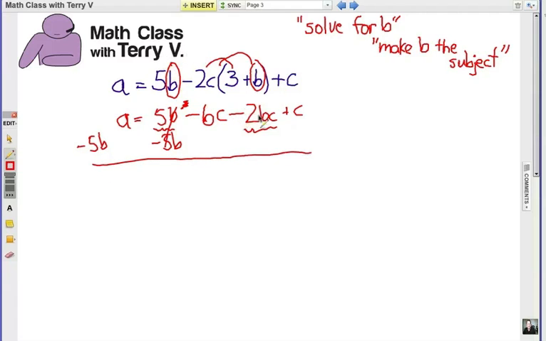Now if this is a negative 2BC, let's go ahead and add 2BC on the left.